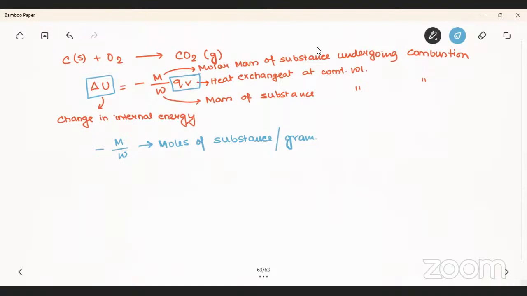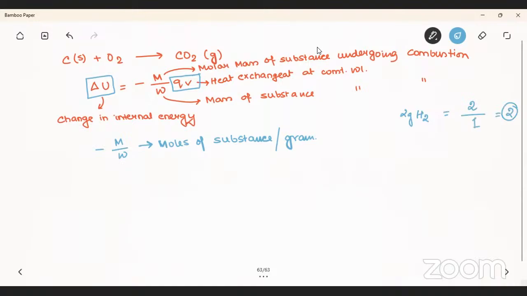Suppose you have to calculate moles of hydrogen in 2 grams of hydrogen. Given weight is 2. What is the molar mass of hydrogen? 2. So that is 1 mole. Is this part clear? How to calculate moles?